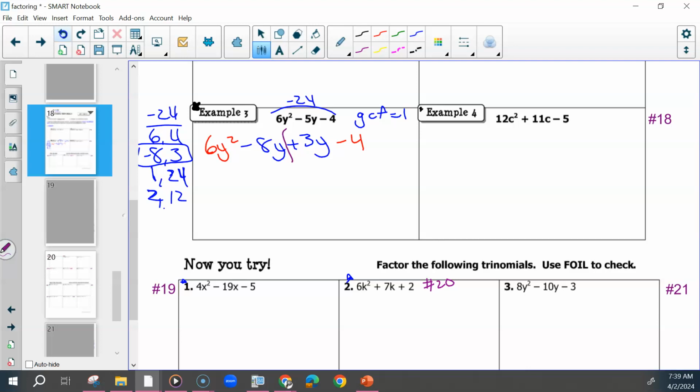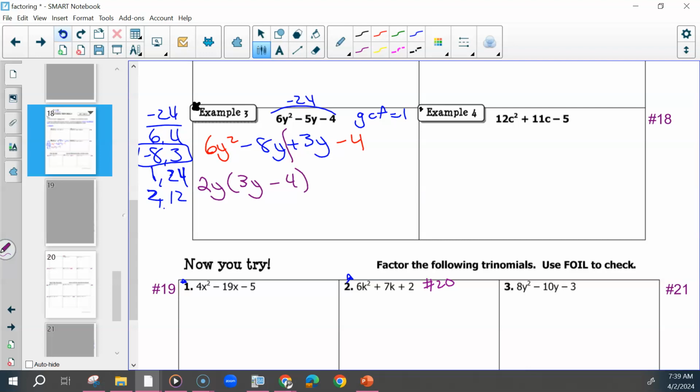So both of these? 2y. Okay, so the GCF for both of these would be 2y. Divide that out, and what's left? 2y. And then we do the same thing for the other side, but what would that GCF be?